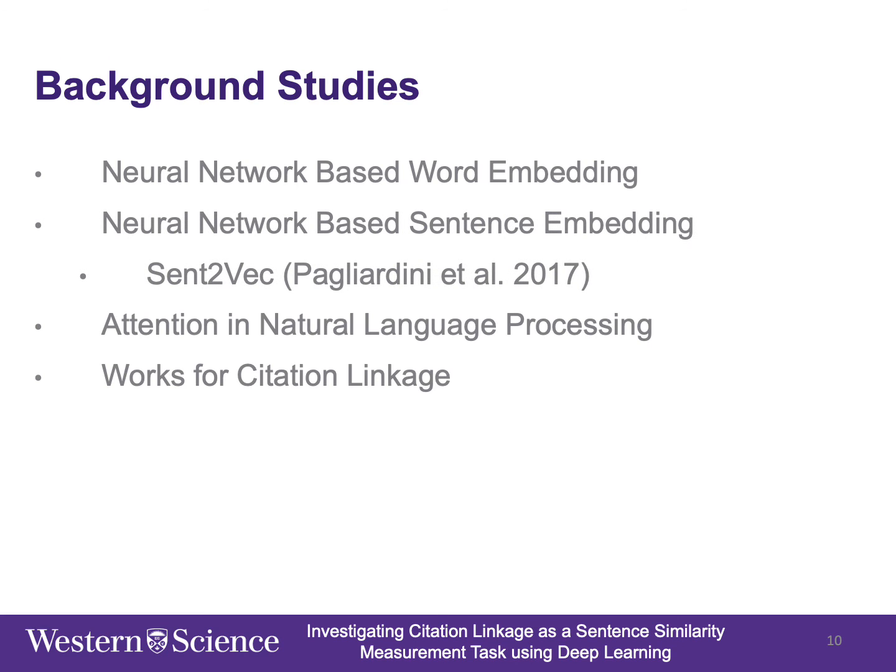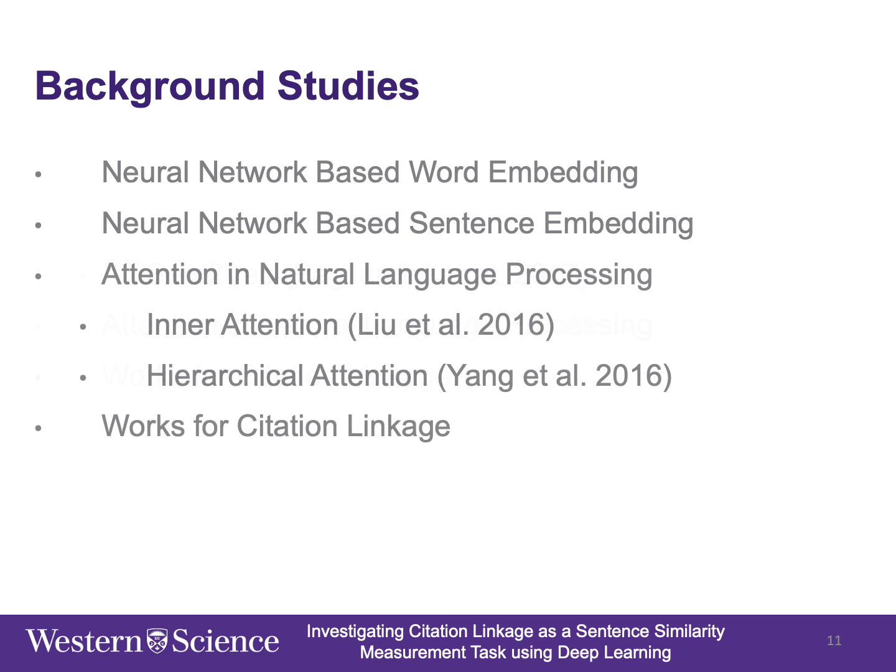Then we used Sent2Vec, which is an unsupervised sentence embedding model, for the annotated sentence pair creation. At its core, it runs a continuous bag of words, and it just takes the average of the words contained in a sentence to generate the final sentence vector. Then two different attention mechanisms for our work.